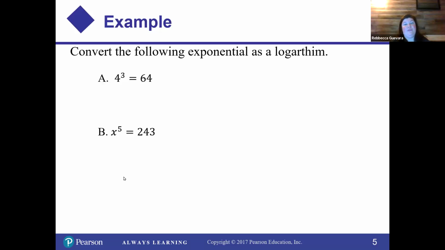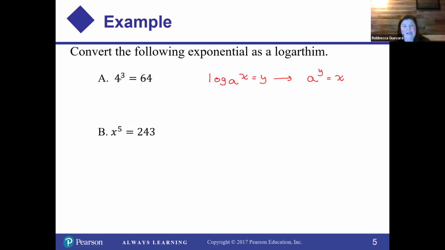So we're going to convert the following exponentials as logarithms. So we had said if we had log base a of x equals y, that is the same as saying that we have a to the y equals x. So we're going to take these exponentials and rewrite them as logarithms.